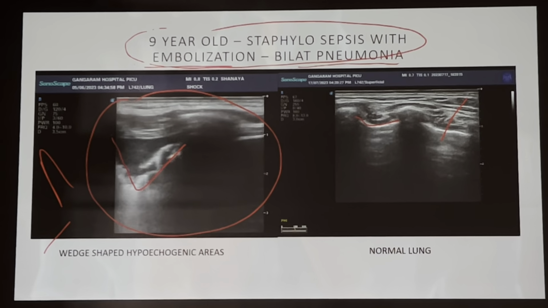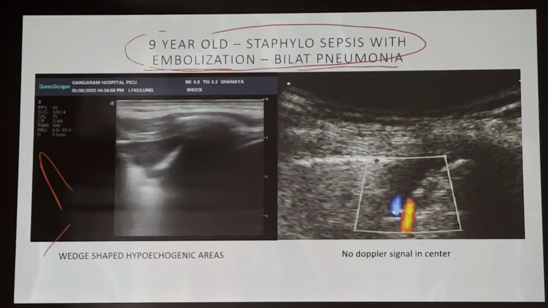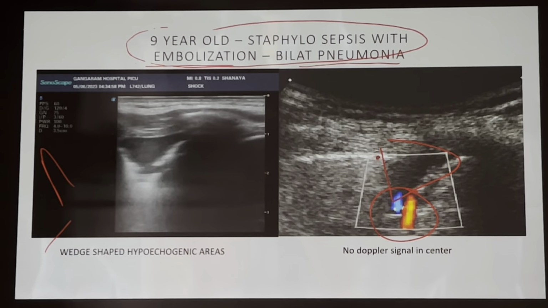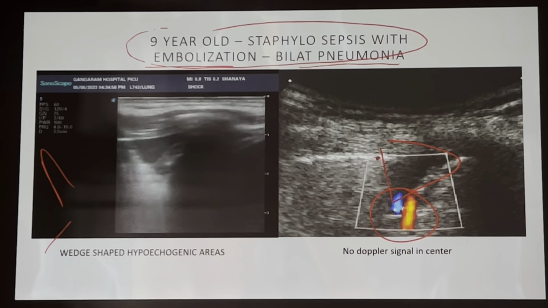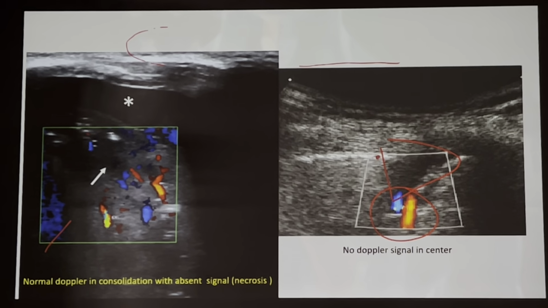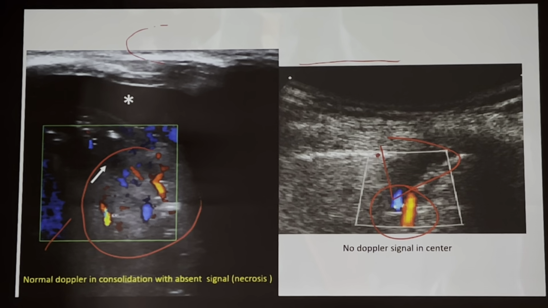Normally in embolization, if you put on a Doppler, you will not find Doppler in the center, but at the periphery you can make out venous and arterial projection inside. In a normal consolidation, you will find this type of Doppler image.